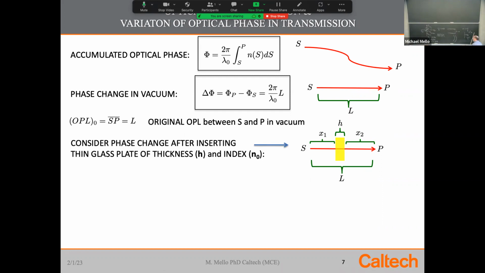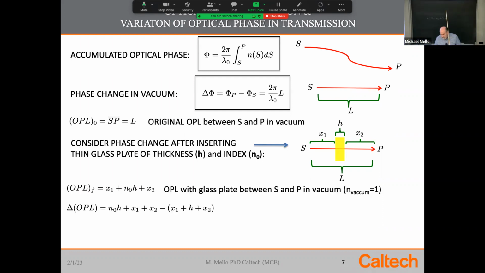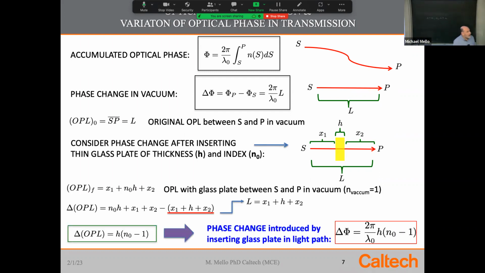So after inserting this glass plate, let me open up the whole slide and show you what happens. Here's the OPL, the optical path length, with the glass plate inserted.